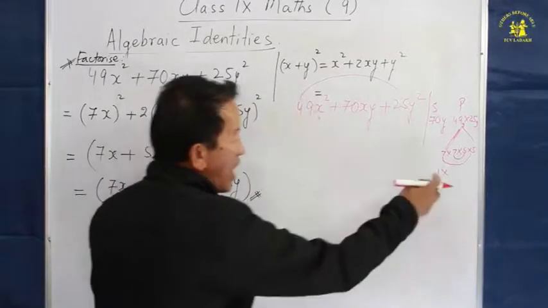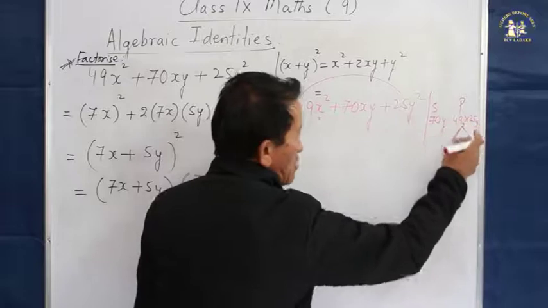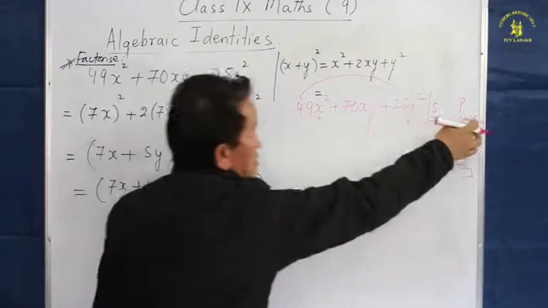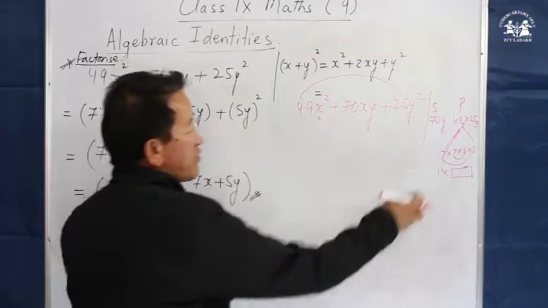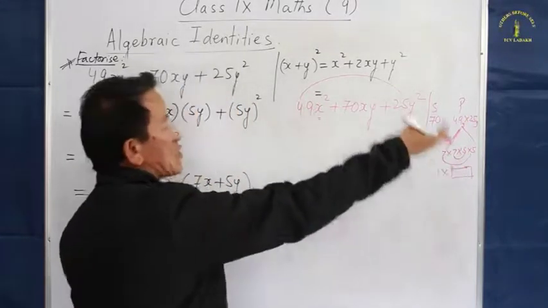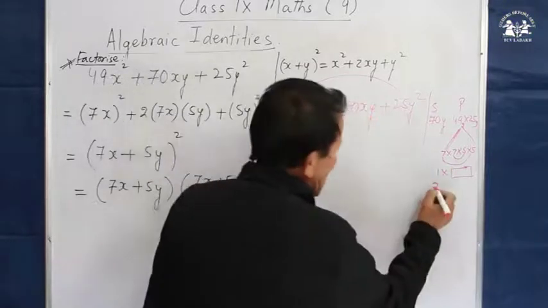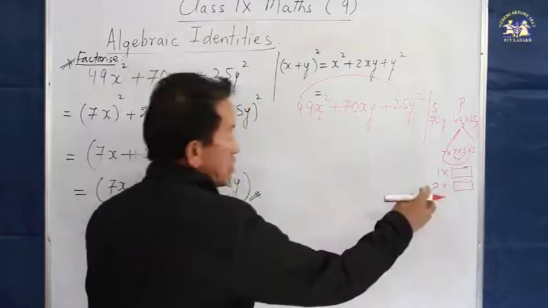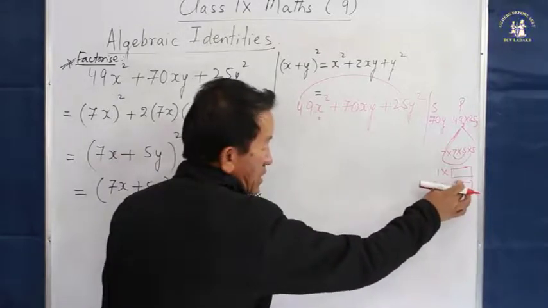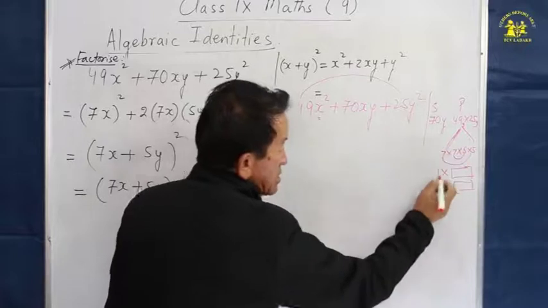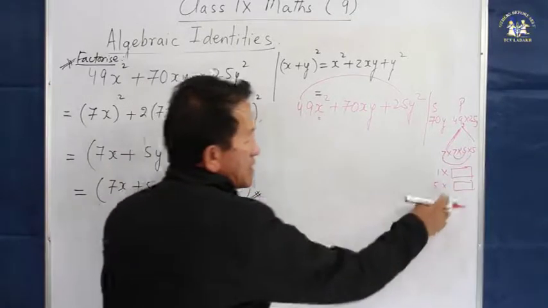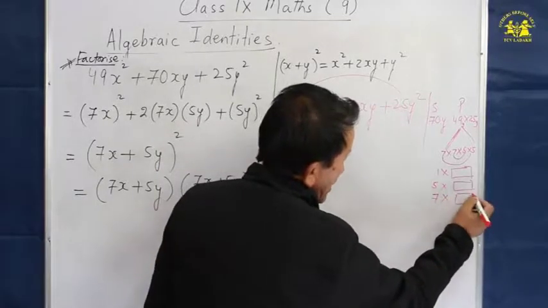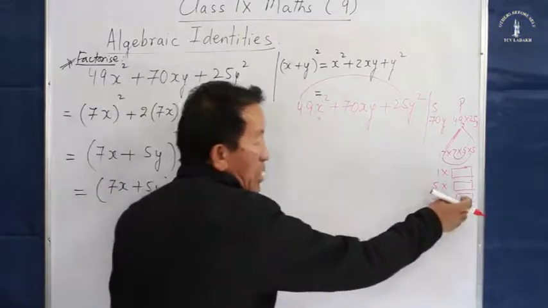Possible factors are 1 into the product of these two numbers. Let's ignore that, it's not necessary to multiply, because if you add these numbers, it will certainly exceed 70. The second is 5 into something, and then the third is 7 into another number.